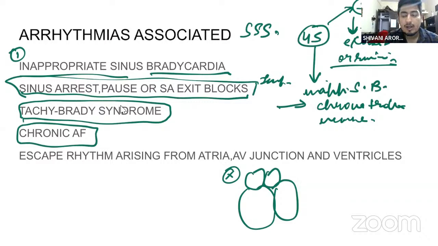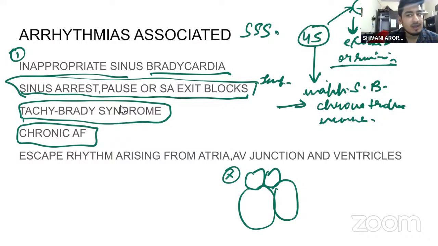Or if the atria doesn't take up the work, sometimes the AV node takes up the work and junctional rhythm would be present. So junctional rhythm can be one of the presentations of sick sinus syndrome or SA nodal dysfunction.